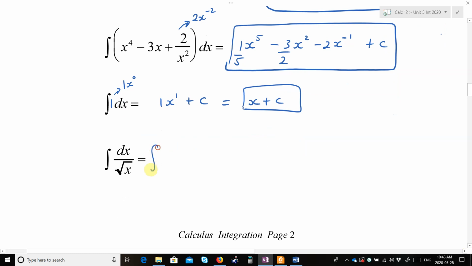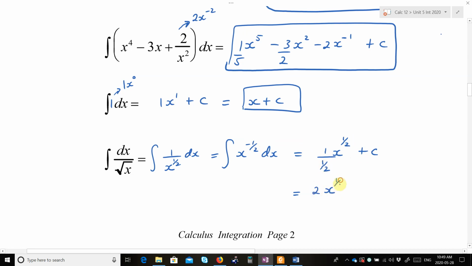Okay, and this last one, this would be the integral of 1 over x to the 1/2 dx, which is the integral of x to the negative half dx, and then we add 1 to the negative half, which is a half, and this 1 in front gets divided by that new power, and then we go plus c. 1 divided by a half is 2, so it's 2x to the 1/2 plus c.